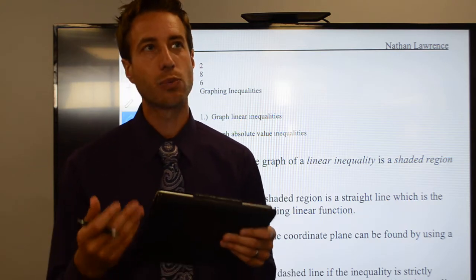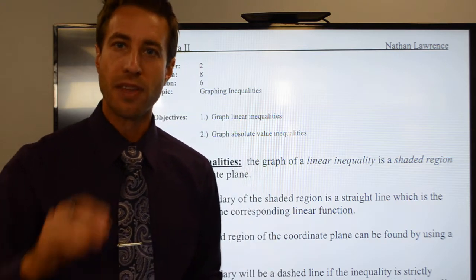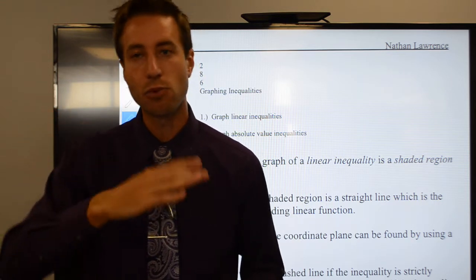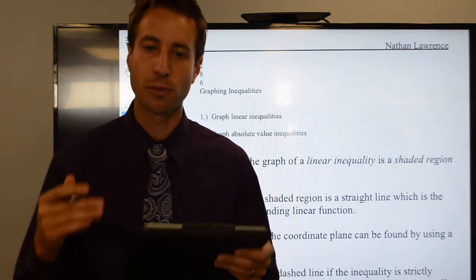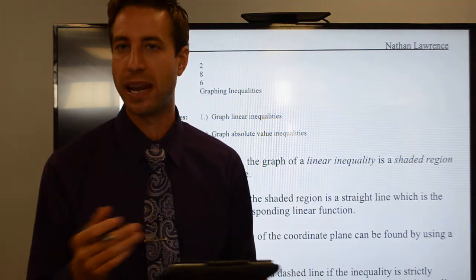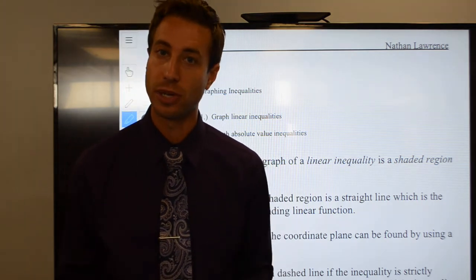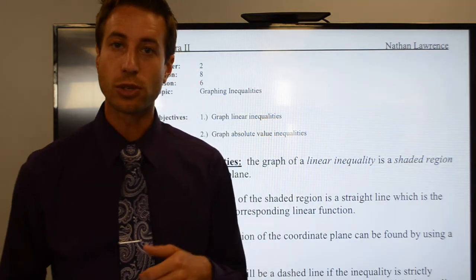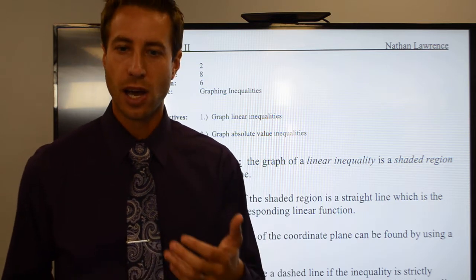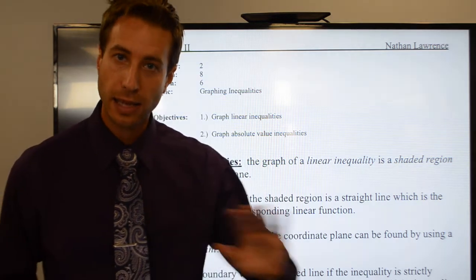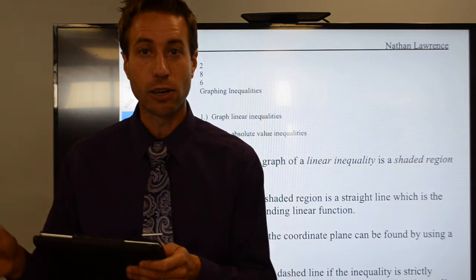I told you guys that we would see that theme repeated for the rest of the year. Graphing is going to show up in every chapter that we do here in Algebra 2. So we're giving you an introduction into what to expect as we get into later chapters.